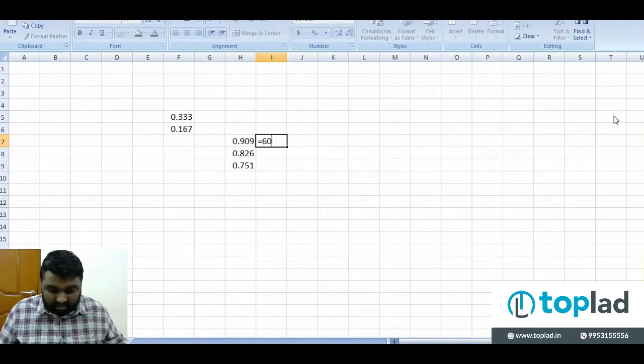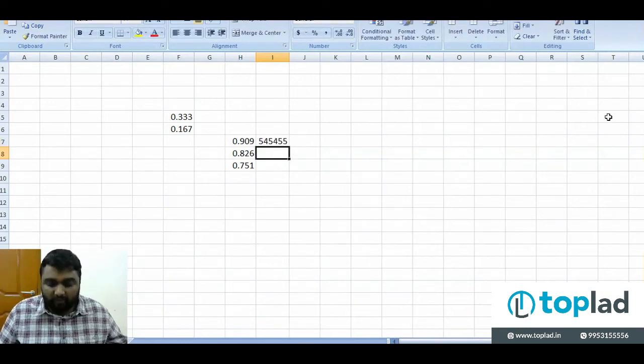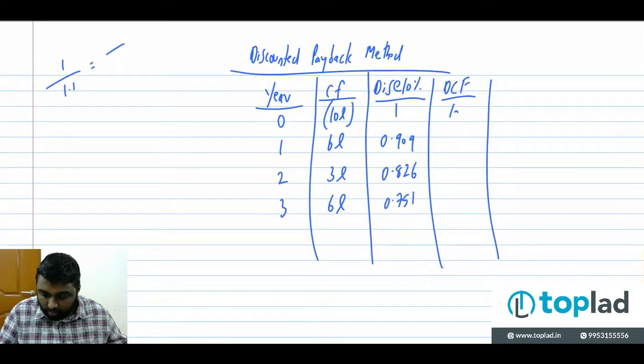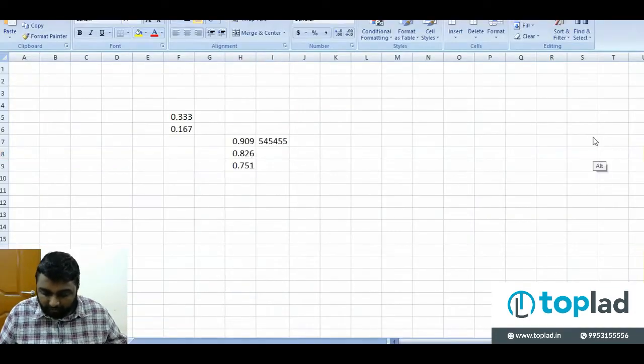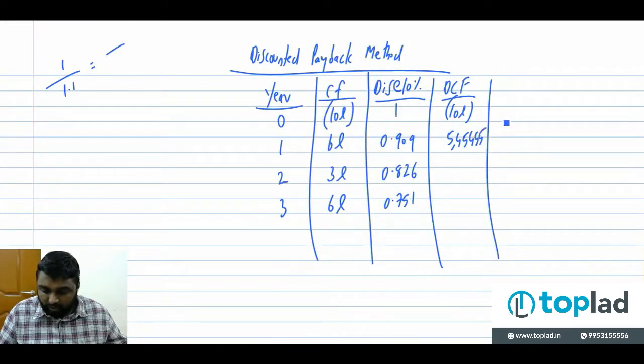So what will be the answer? We have 6 lakh into 0.909. You get 5 lakh 45,400.